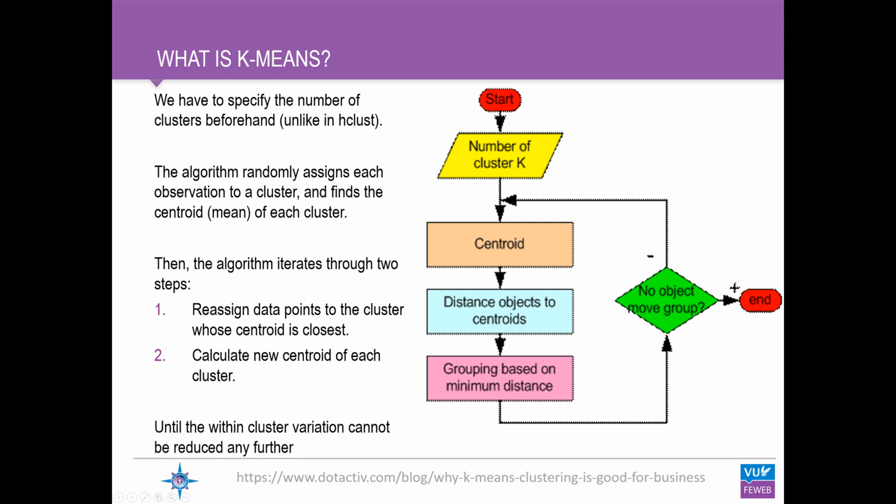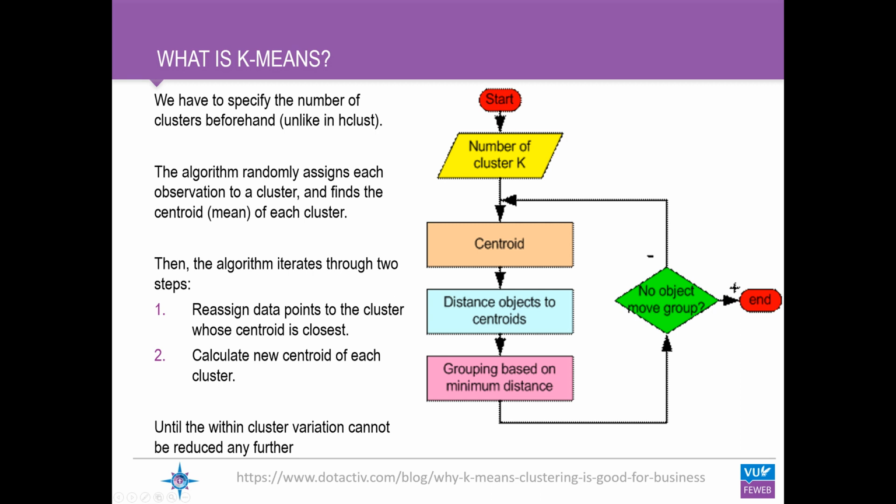Now, one of the most used centroid clustering techniques is k-means. So in k-means, you need to specify the number of clusters beforehand, and it randomly assigns each observation to a cluster. So it calculates the centroid of each cluster, and then it looks at the distance between all the objects and the centroids, and sees, okay, is this really a good way to define the centroid?